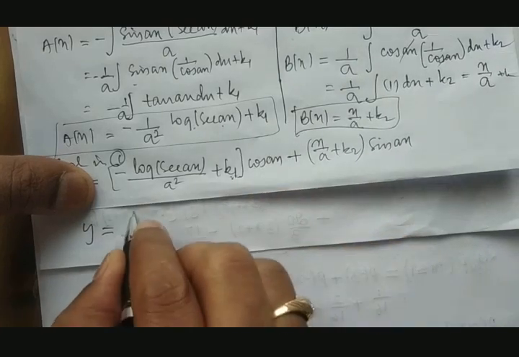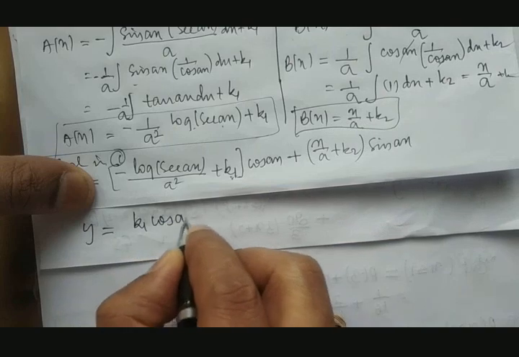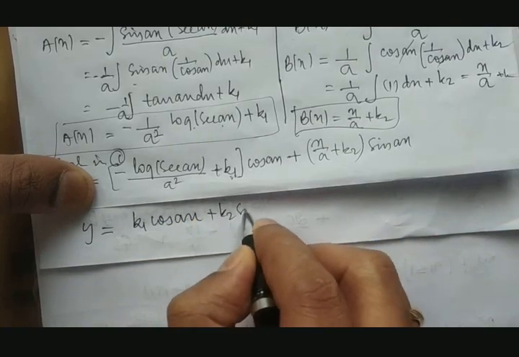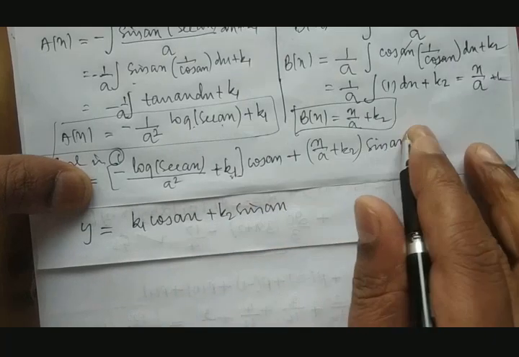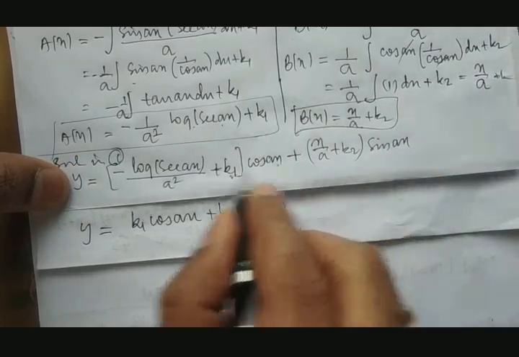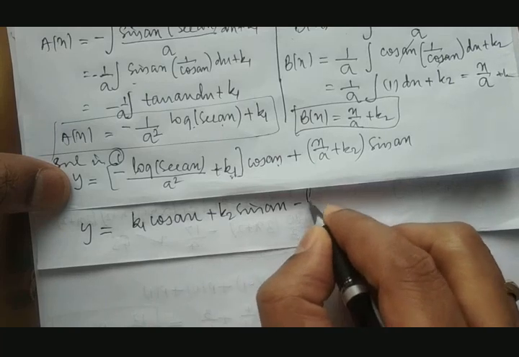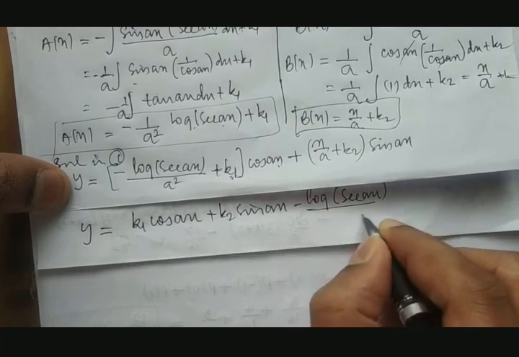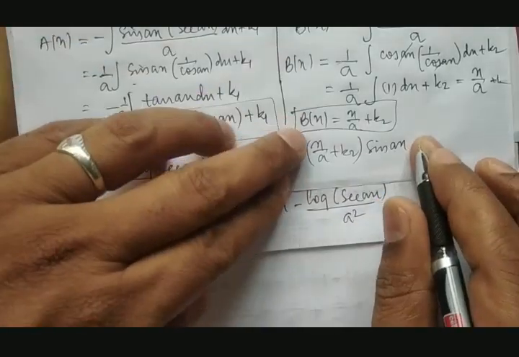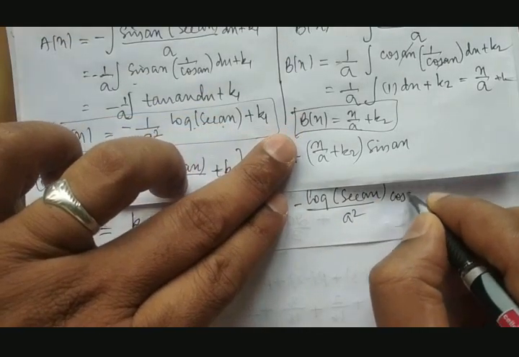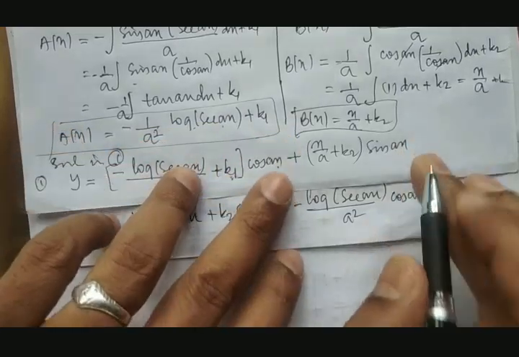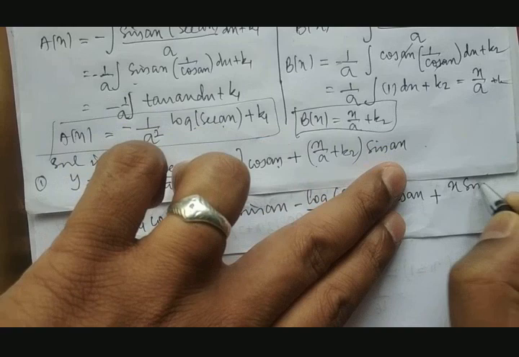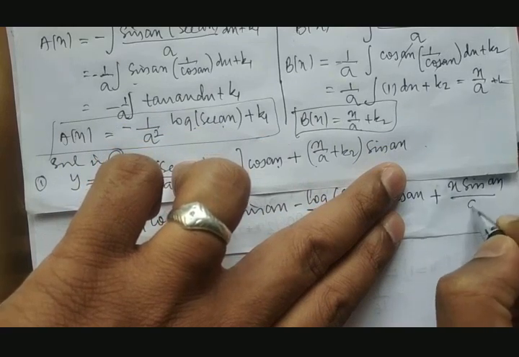So it is k1 into cos ax from this group, and from here I'll be taking k2 into sin ax. Okay, next cos ax into this, so that is minus log of sec ax divided by a square into cos ax, plus then x by a into sin ax. So x sin ax by a.